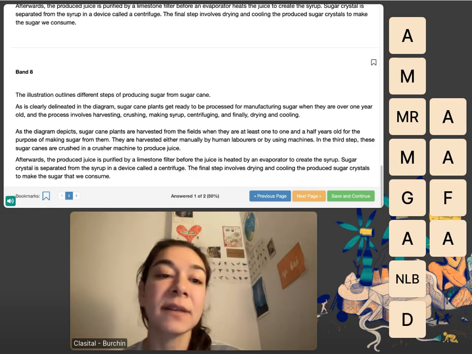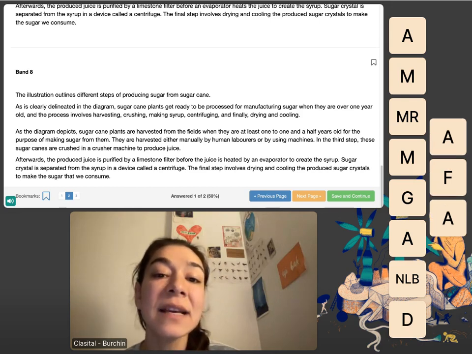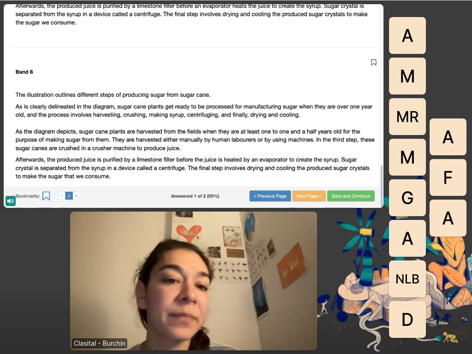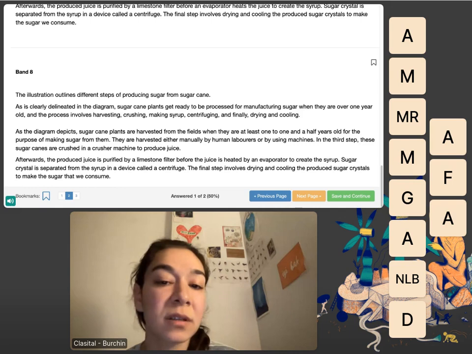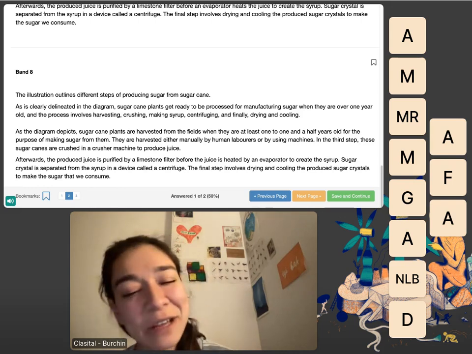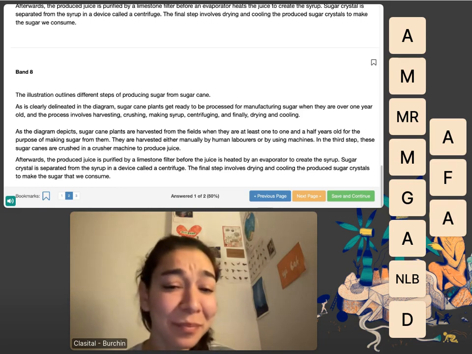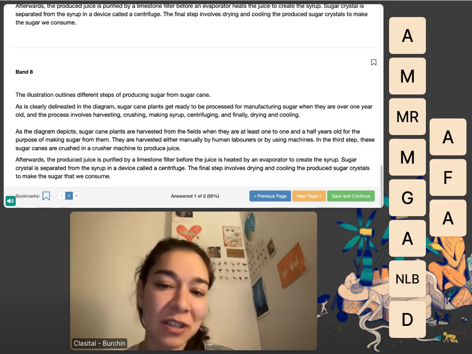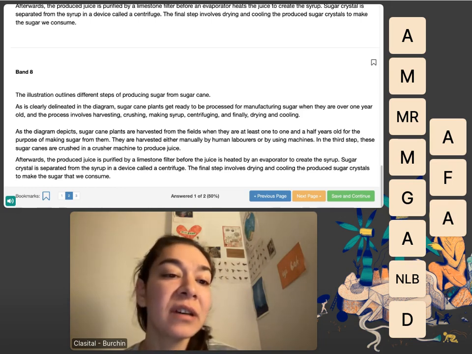As the diagram depicts, sugarcane plants are harvested from the fields when they are at least 1 to 1.5 years old. They are harvested either manually by human laborers, which sounds a little bit strange too, or by using machines.